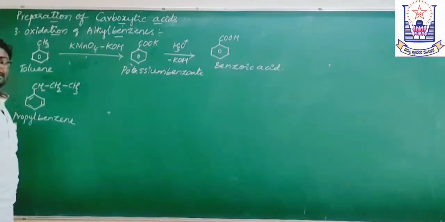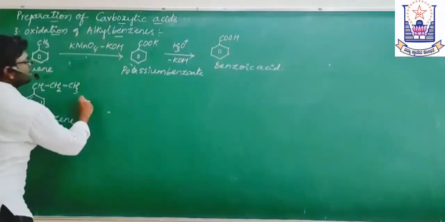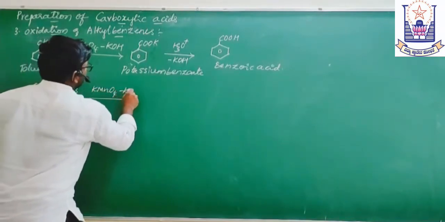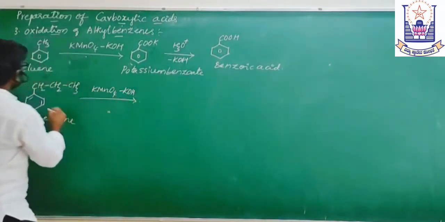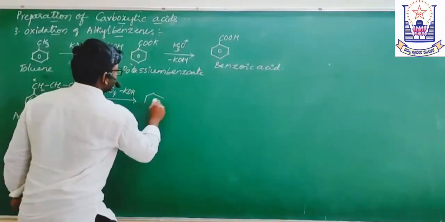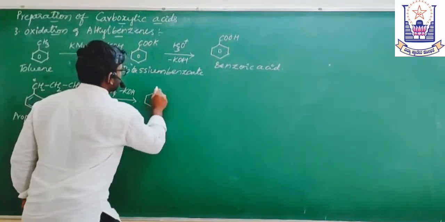When this is treated with KMnO4 in presence of KOH, that is alkaline KMnO4, the oxidation will take place at the benzylic carbon, and you will get potassium benzoate.